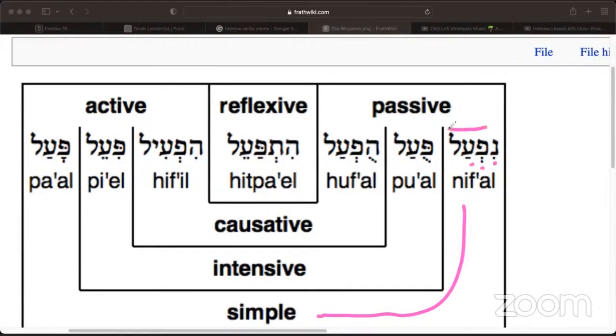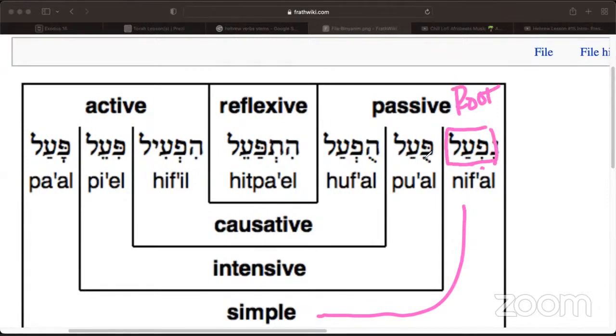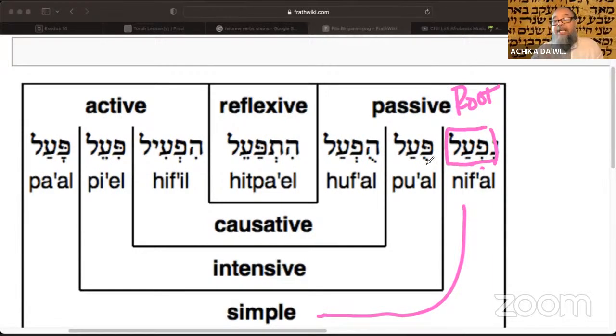These 3 letters are what they would call your root. Now, those 3 letters represent any 3-letter root. That's why they come in a 3-letter package.